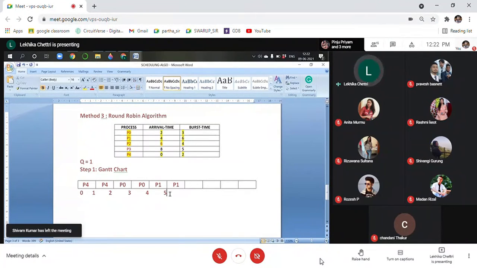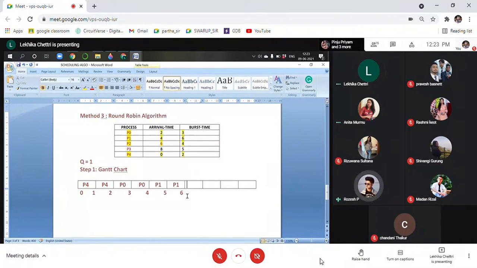Because of that reason, we will have P1 again. So we'll update the quantum time to 6 now. Now at clock unit time 6, do we have any other process that has entered into the ready queue? Yes or no? Yes, ma'am. What is it?